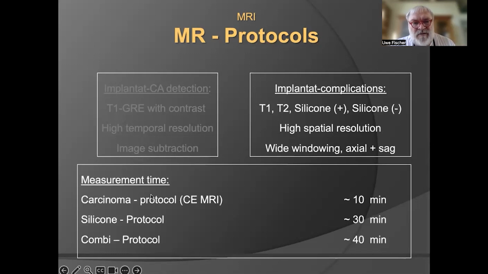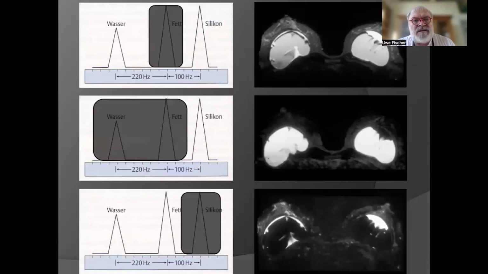So all in all, the carcinoma protocol takes about 10 minutes, and the silicon implant protocol takes a longer time. We have all in all about 40 minutes measurement time for this combi protocol if we use it together. The other way is to perform this breast cancer detection protocol on one day and the implant complication protocol on another day. So this is what I told you about.